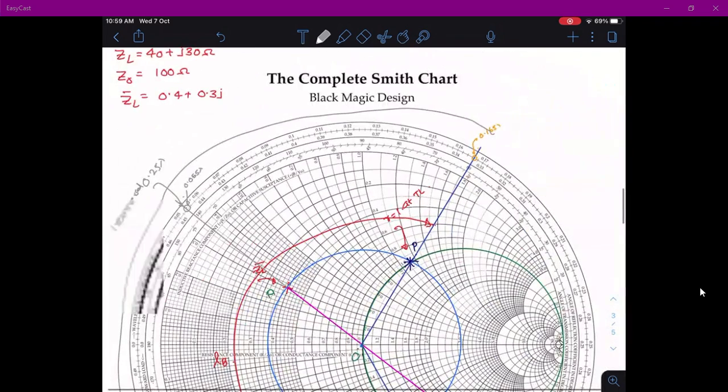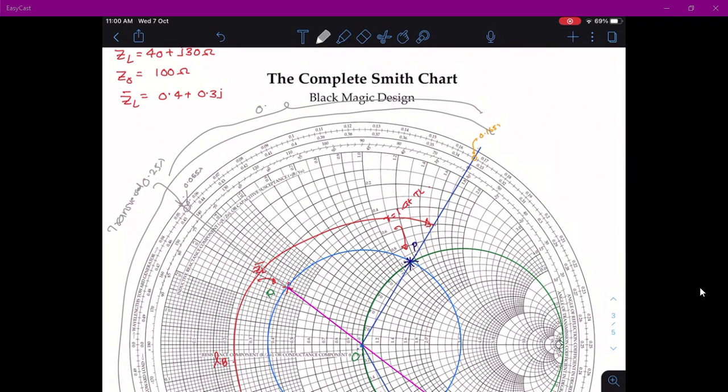The difference between these 2 points is around 0.11 lambda.